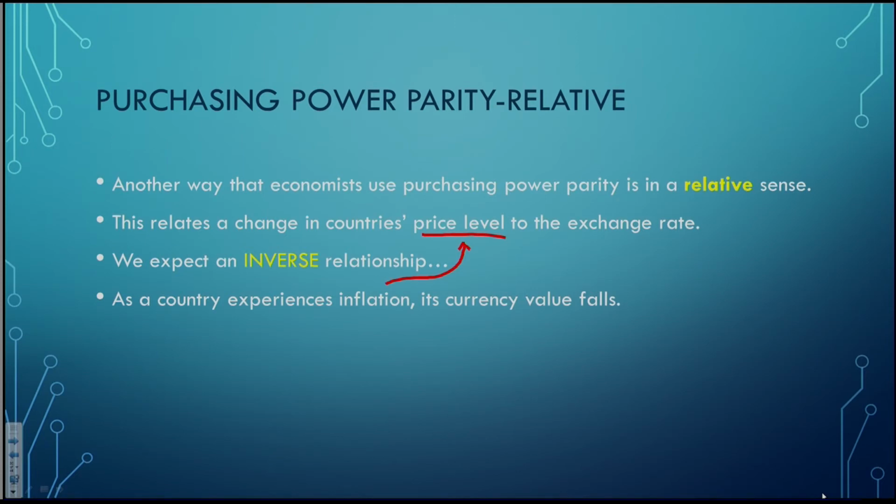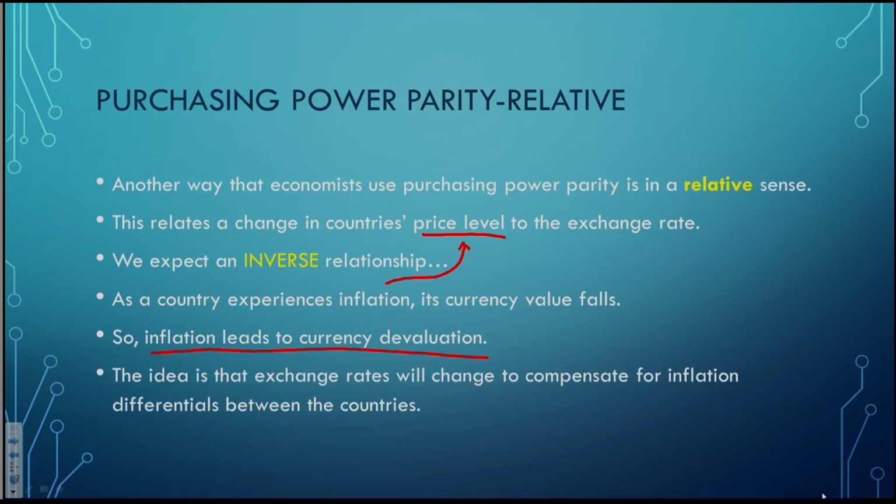So what we're saying is that inflation leads to currency devaluation.